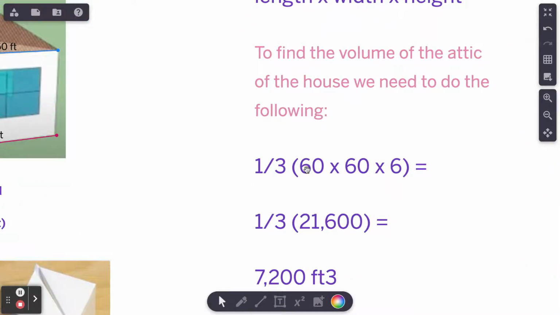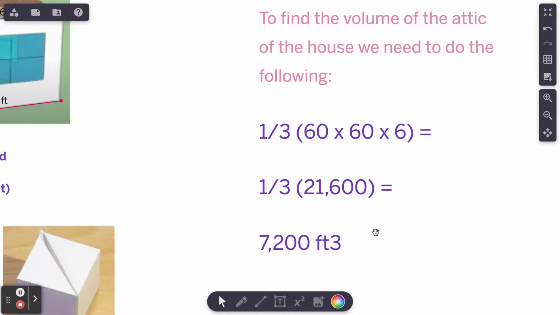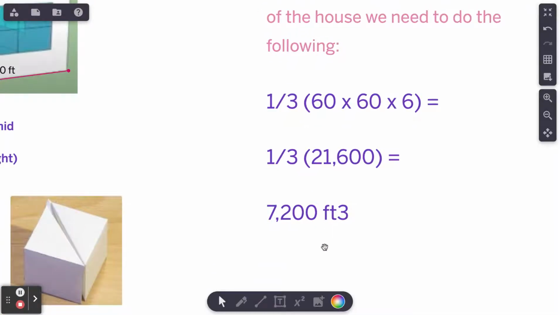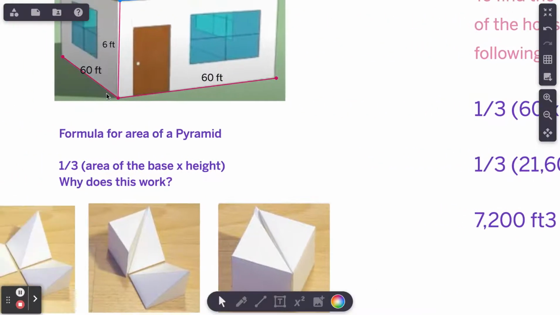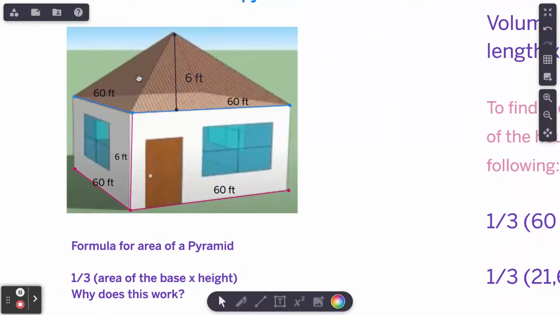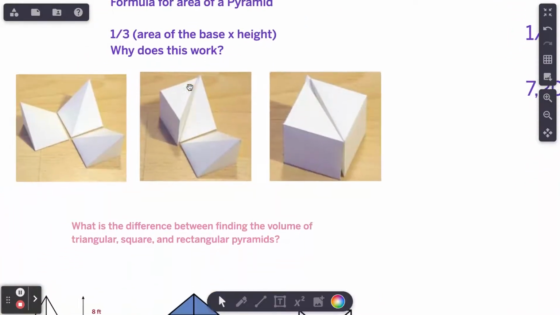So if we do 60 times 60 times 6, we're going to get 21,600. And then we're going to divide that by 3 or multiply by 1/3. And that gives us a volume of our pyramid, 7,200 feet cubed. So that would be our volume of this pyramid here. So that's how we would go about solving that.